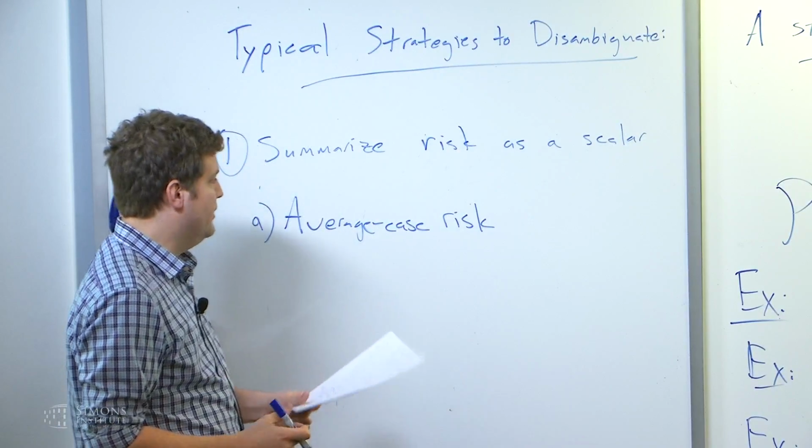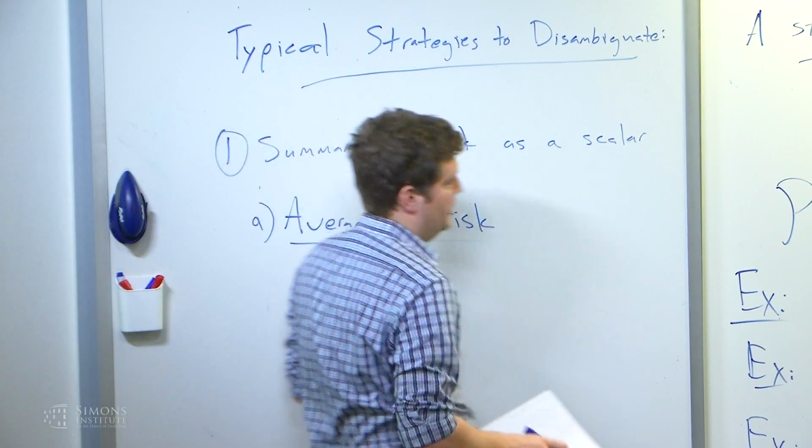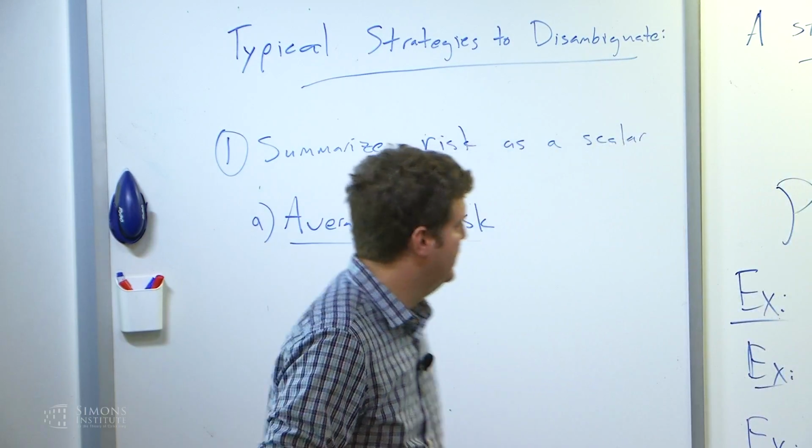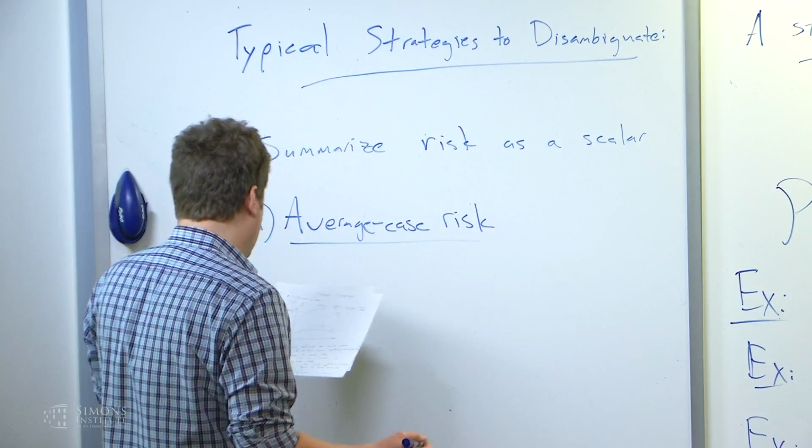In average case risk, we just take the average of the risk function, but now the question is average with respect to what? What way of averaging over the parameter space, with respect to what measure? That measure we call a prior distribution.